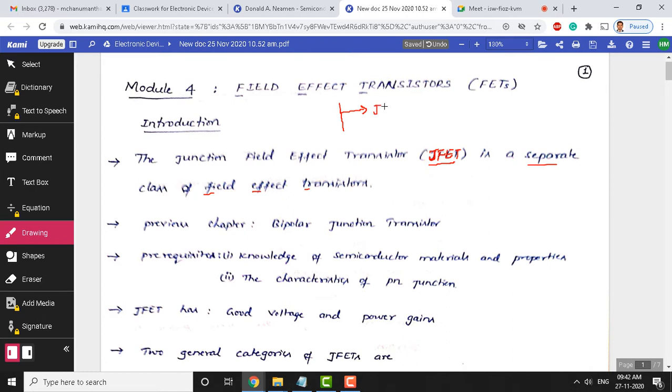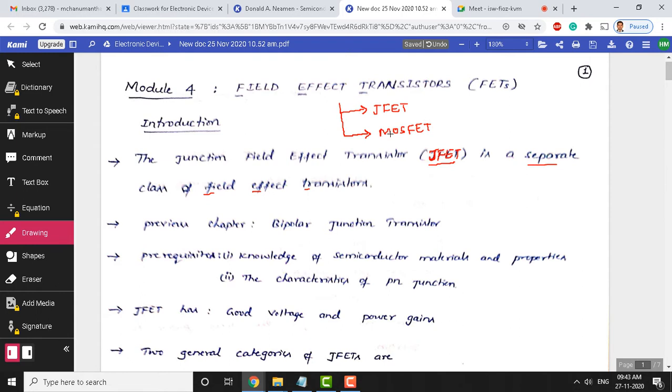Right now what we are studying is the JFET. Immediately after understanding the working principle and characteristics of the JFET, we will jump into another device called the MOSFET, metal oxide semiconductor field effect transistor. There are a few disadvantages with the JFET that have been overcome in the MOSFET.